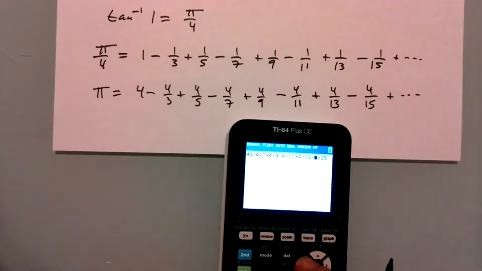And this is supposed to approximate pi. How close is that to pi? 3.017, a very, very bad approximation for pi.